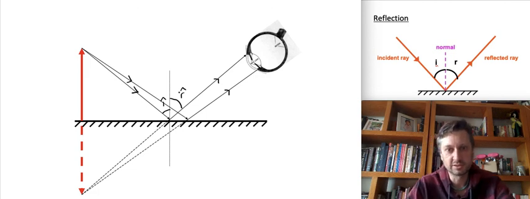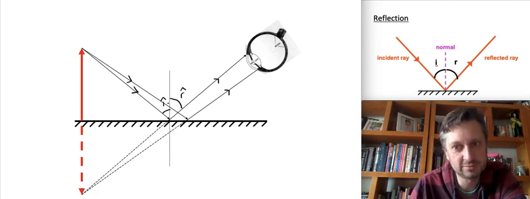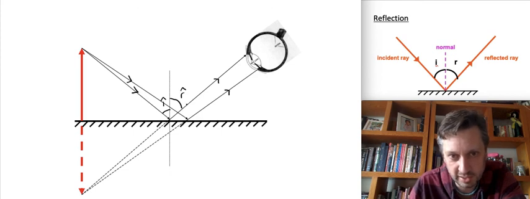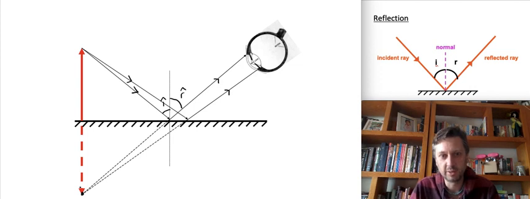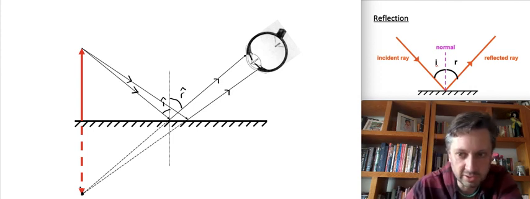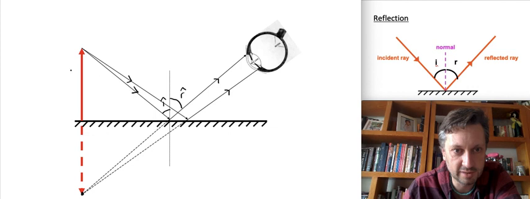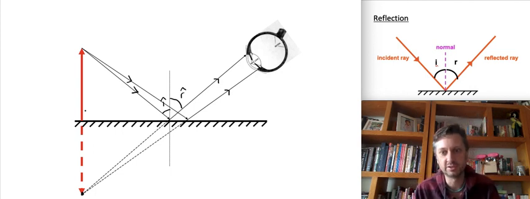The law of reflection tells us they're exactly the same size, reflects off, hits your eye, and the brain again follows that ray of light backwards and calculates where it thinks it's coming from. And it's coming from exactly the same position again behind the mirror. We could do that same idea for every point on the object. And if we did that, we would reconstruct every point on the image the same distance behind the mirror as the object is in front.